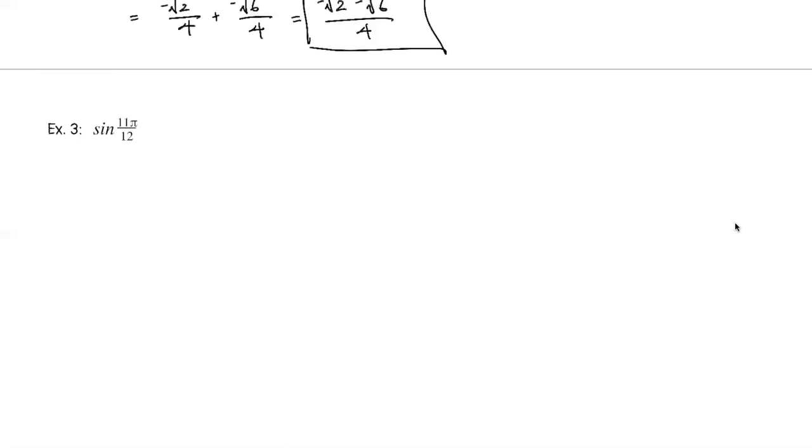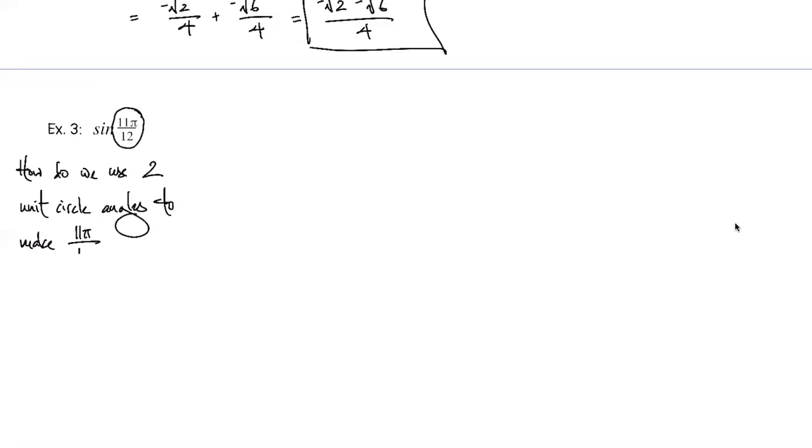All right, so the game we want to play with ourselves for example 3 is this. We look at our angle and we ask ourselves, how do we use two unit circle angles to make 11 pi over 12?